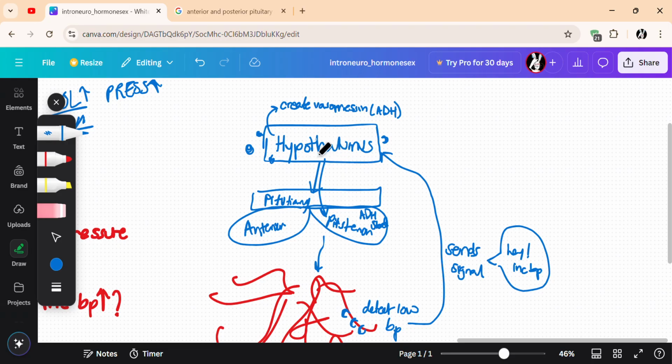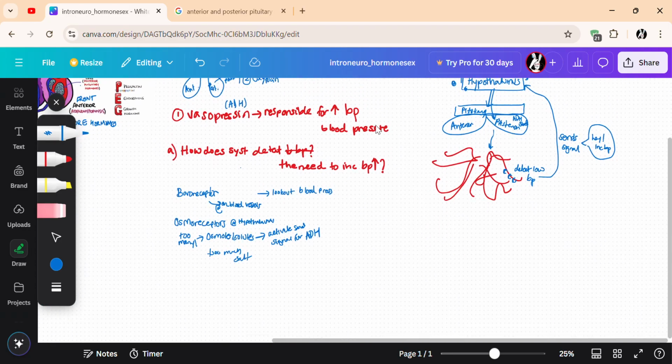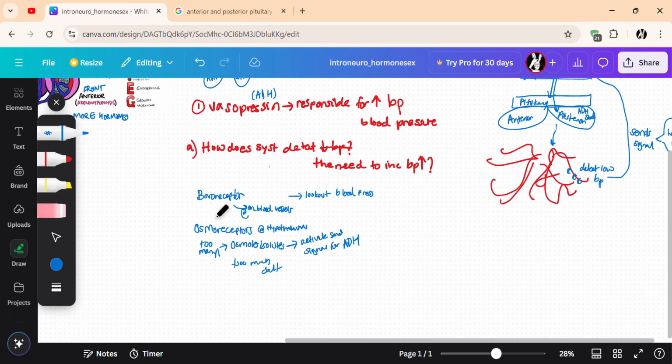They're very sensitive, and if they pick up an increase in solute, they'll release vasopressin or ADH, which suppresses water output, because you want to keep the water to balance the increased solutes we have. And so that's how it works. These two systems will detect the need to increase blood pressure.